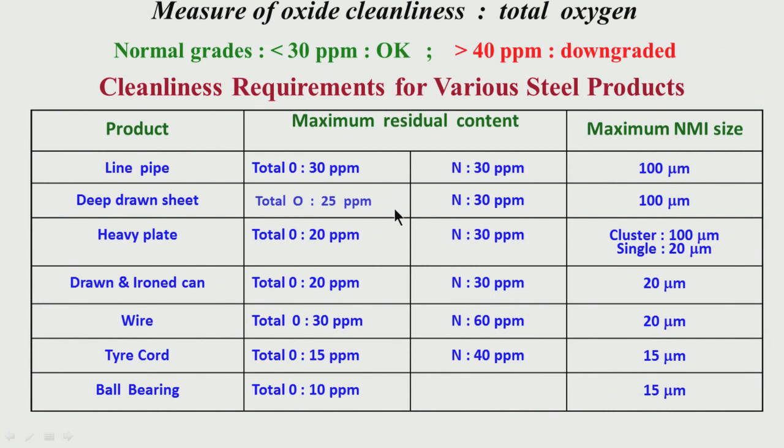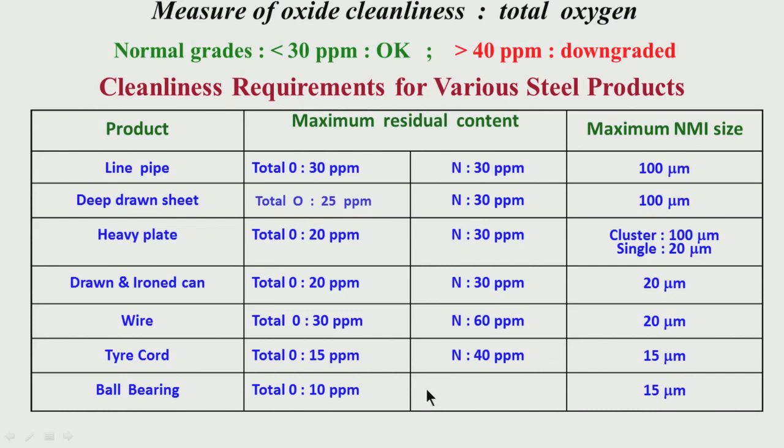While we are producing a line pipe steel, we cannot go to a level of total oxygen more than 30 ppm, it is not acceptable. Nitrogen more than 30 ppm, not acceptable. Inclusion size more than 100 micron, not acceptable. So these are the levels of quality which are nowadays demanded from the steel.